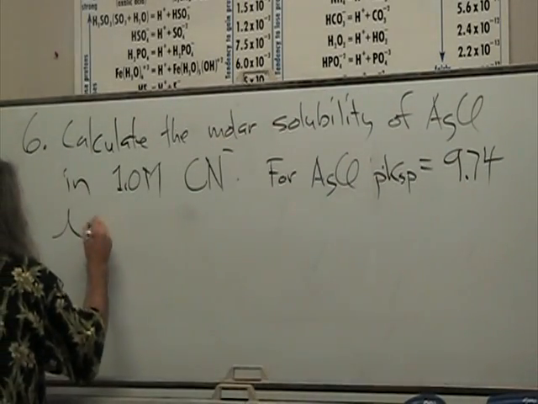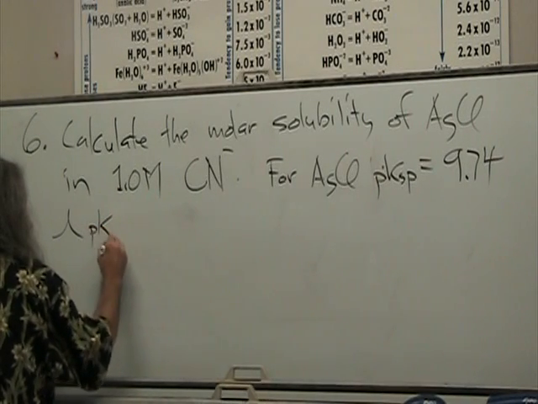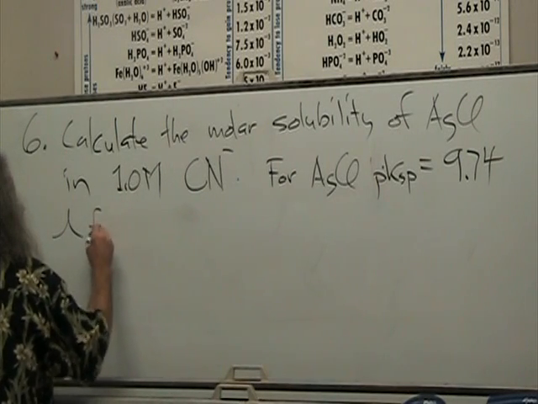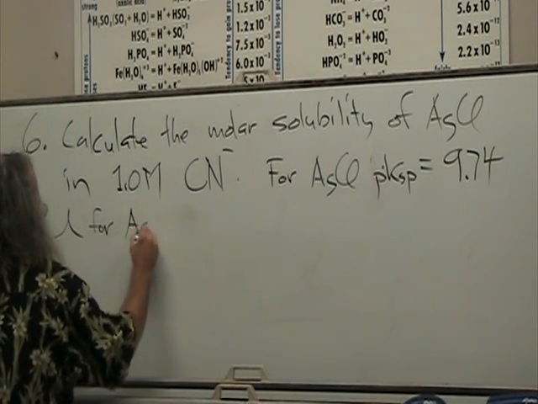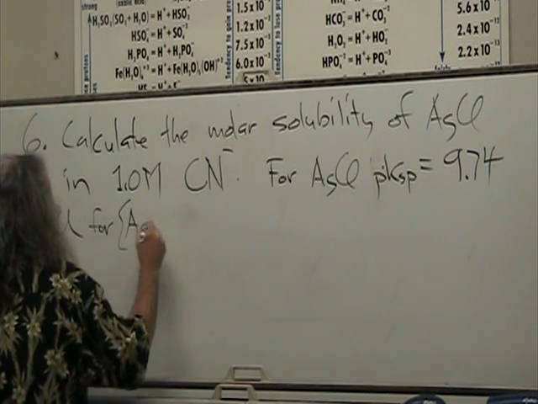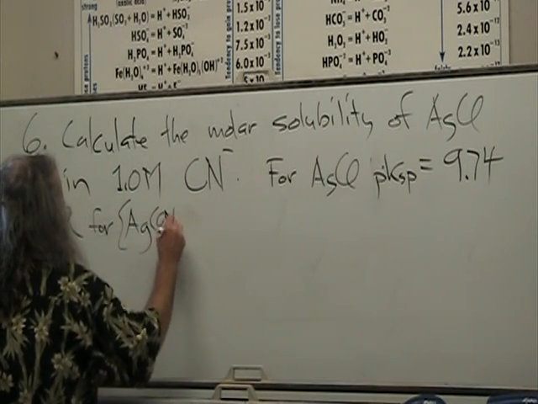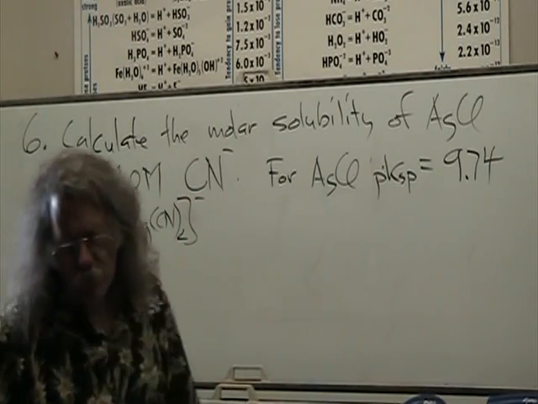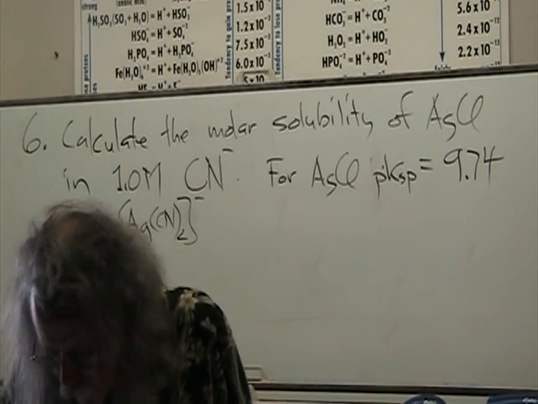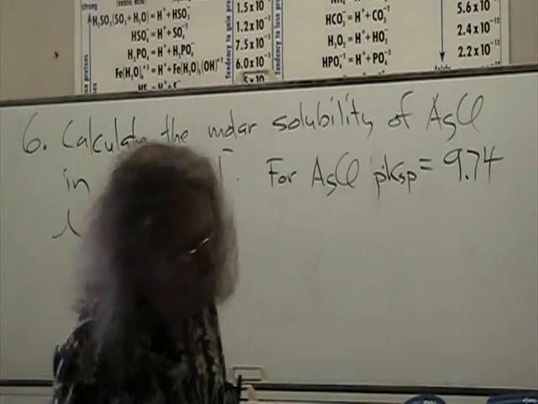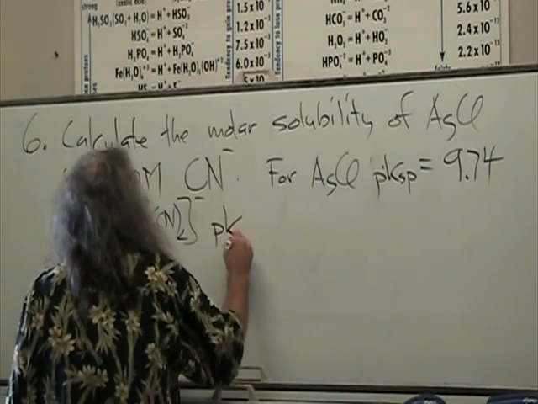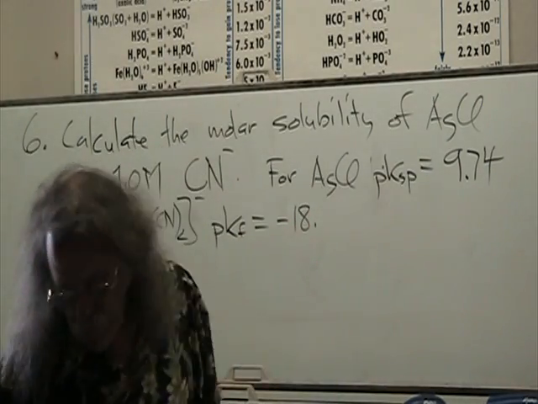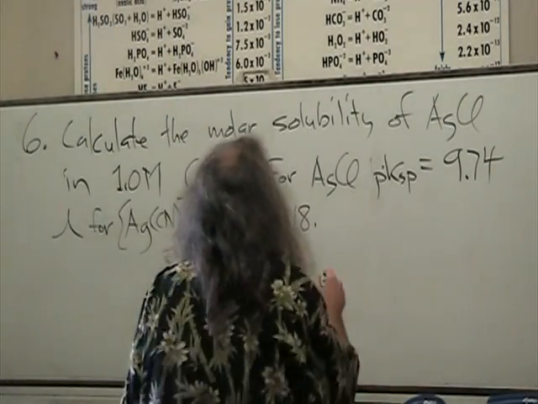And pKf for silver dicyano complex, there's 2 of them, is equal to minus 18.74.